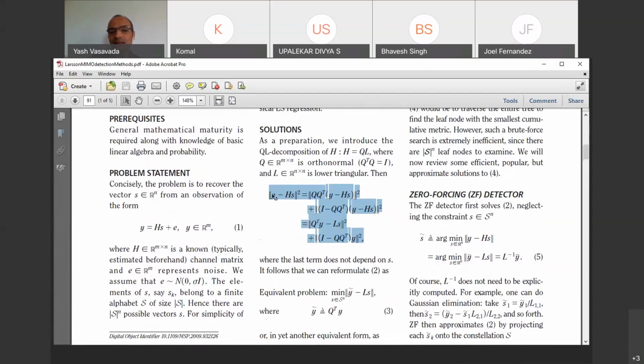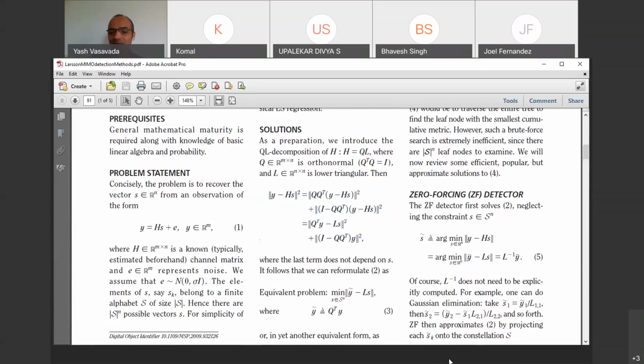The author is saying that minimizing y minus hs norm squared is the same as y tilde minus ls norm squared minimization. The author is proving that by this highlighted equation. And this is the challenge that I'm giving you.